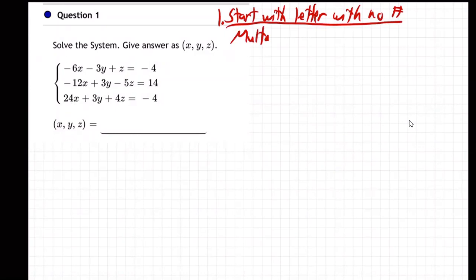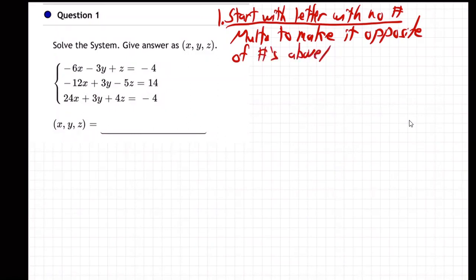Multiply to make it the opposite of the numbers above and below, and cancel all above and below.